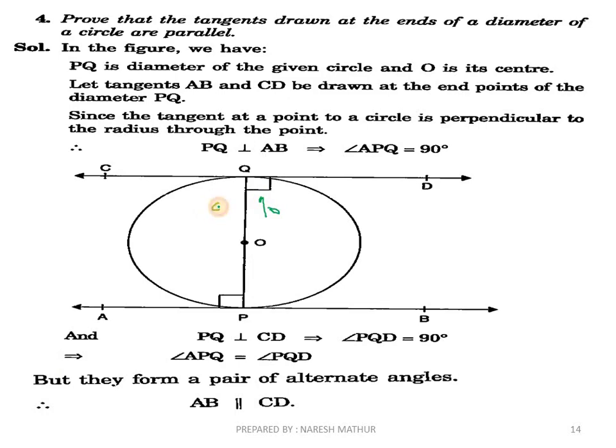This will also be 90 degrees, and similarly these angles are also 90 degrees. So we can see alternate interior angles are equal, then we can say AB is parallel to CD. Easy.